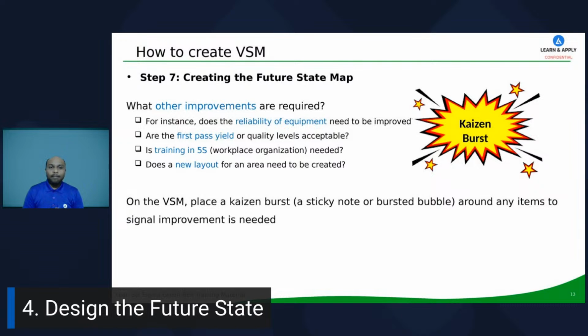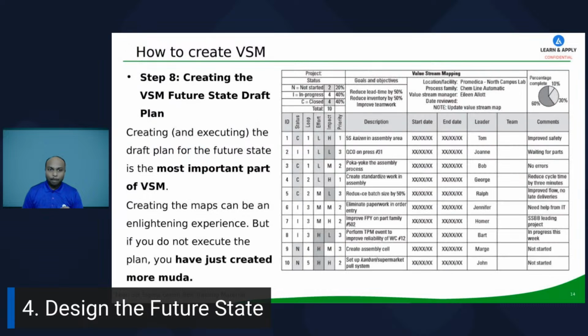Is there a requirement for training related to 5S or other things? Does a new layout for an area need to be created? Multiple ideas can come up when we discuss the future state to eliminate waste from our processes. On the VSM, place a Kaizen burst around any item to signal that improvement is needed at that particular point.